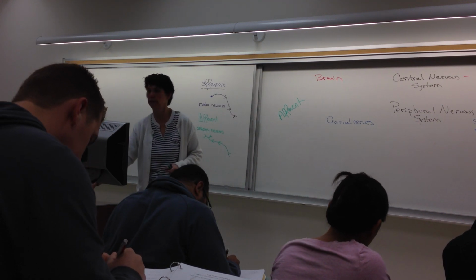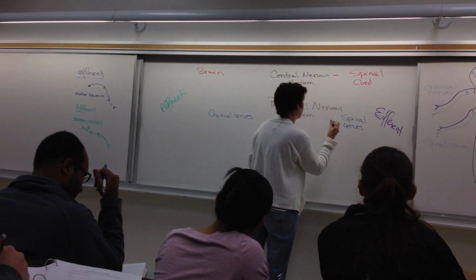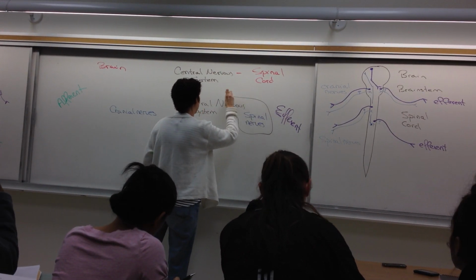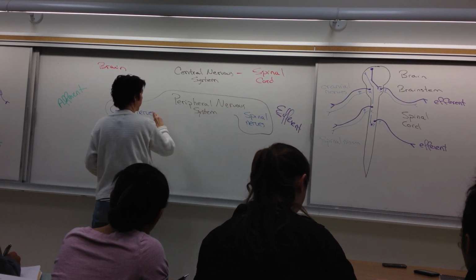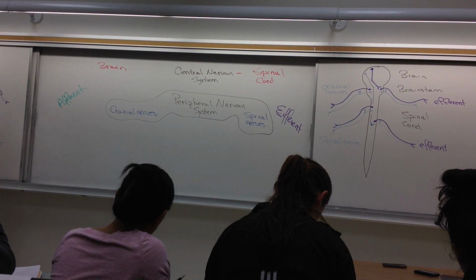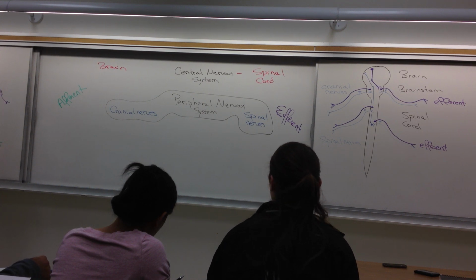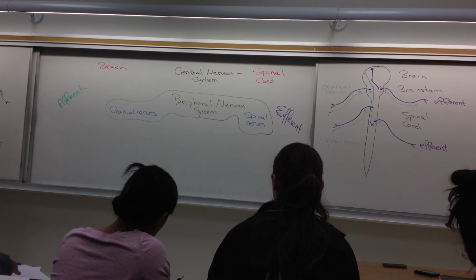I'm going to put peripheral nervous system here in a block, because I don't want you thinking that the afferent and efferent are separated by the peripheral nervous system. So we have an afferent division, and hence we can get sensory stimuli from those two regions of the body I was talking about.